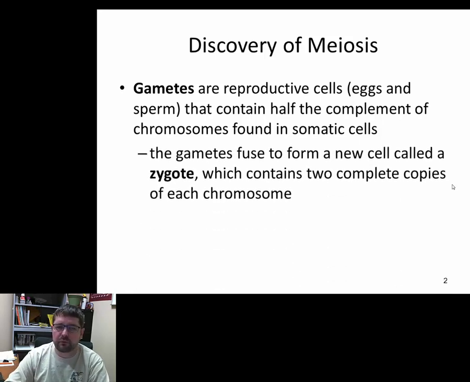So gametes will fuse: sperm, egg, pollen, ova, etc. They'll fuse to form what we call a zygote. The gametes are half of the normal chromosomes. So if the individual is a diploid organism, then that individual's sperm or egg or pollen or ova, whatever you want to call it, is going to be haploid.